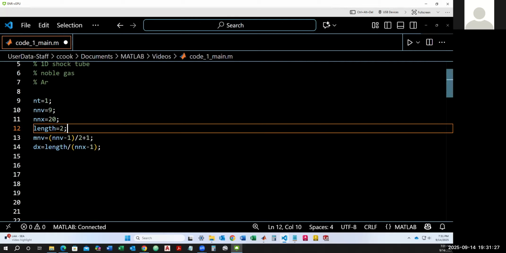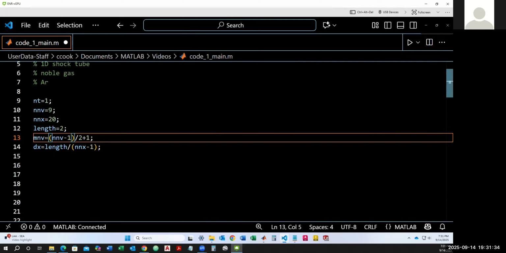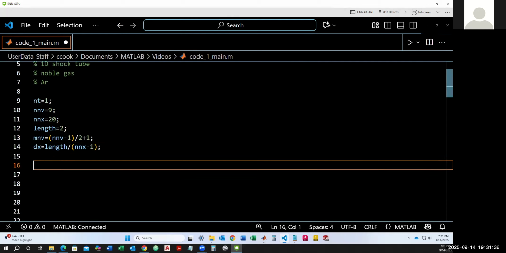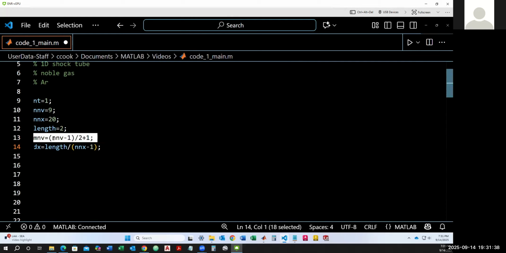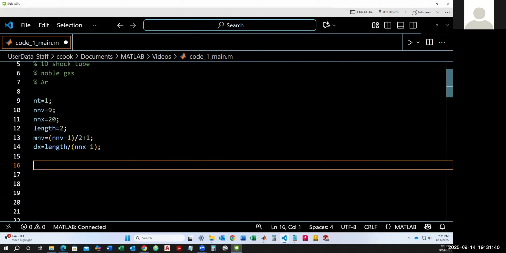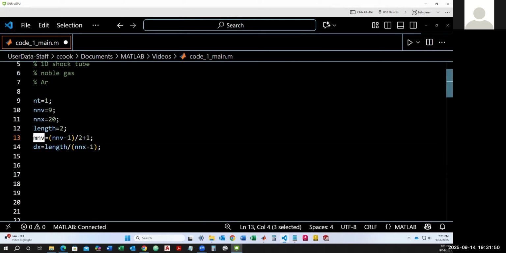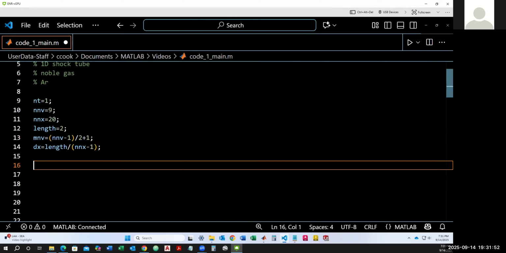The length of the domain, we'll set equal to 2. MNV is the middle velocity node number. That's where our moments or observables or expectation values are going to live. So it's important that we know what that position number is. DX is our grid spacing.